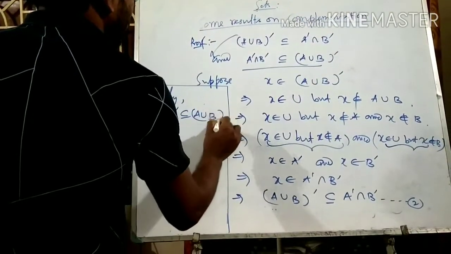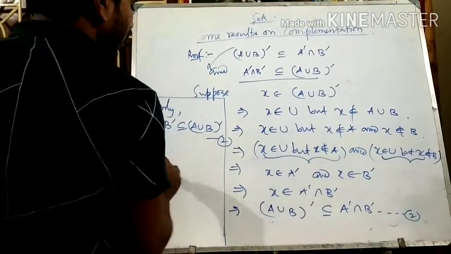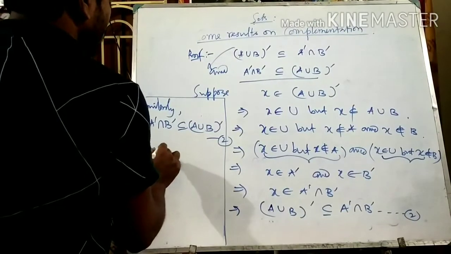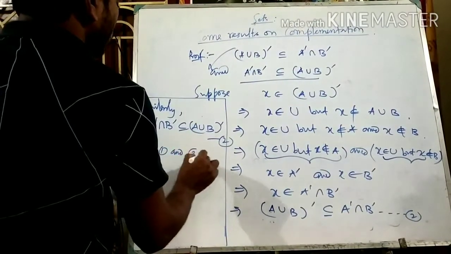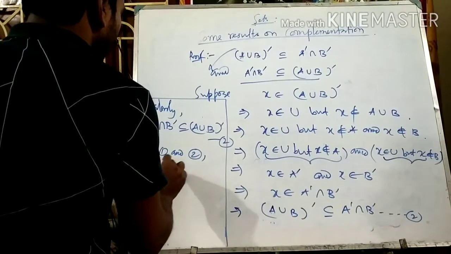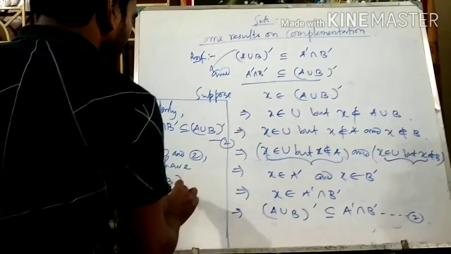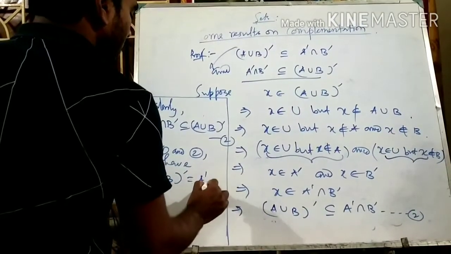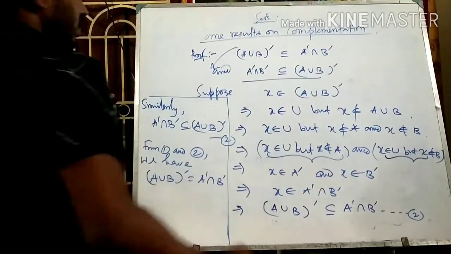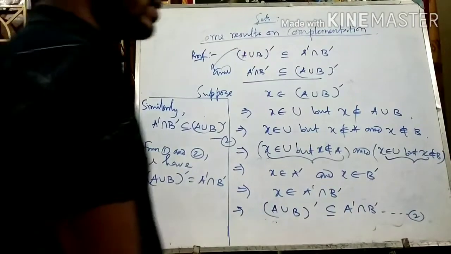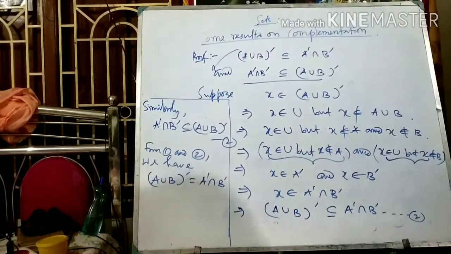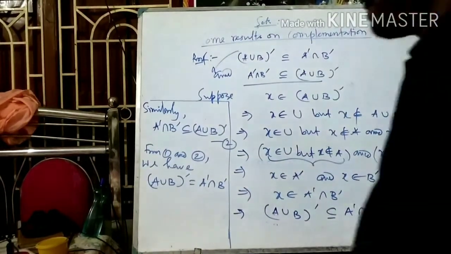So from 1 and 2, A union B dash is equal to A dash intersection B dash. So this is the one part of the DeMorgan's law.